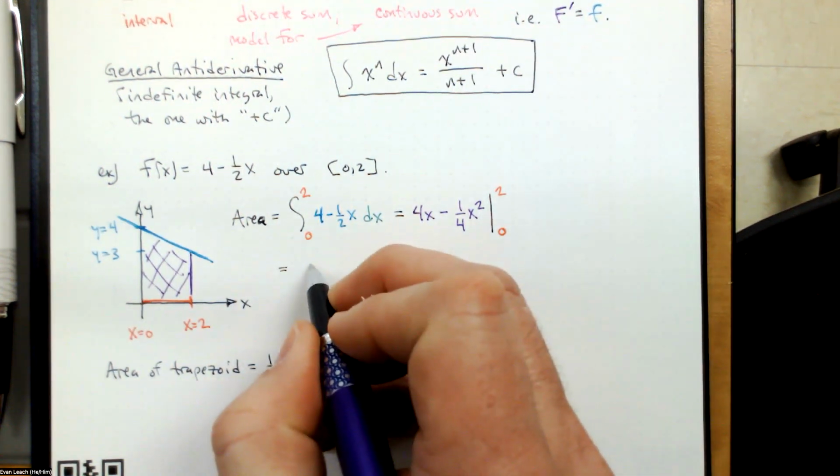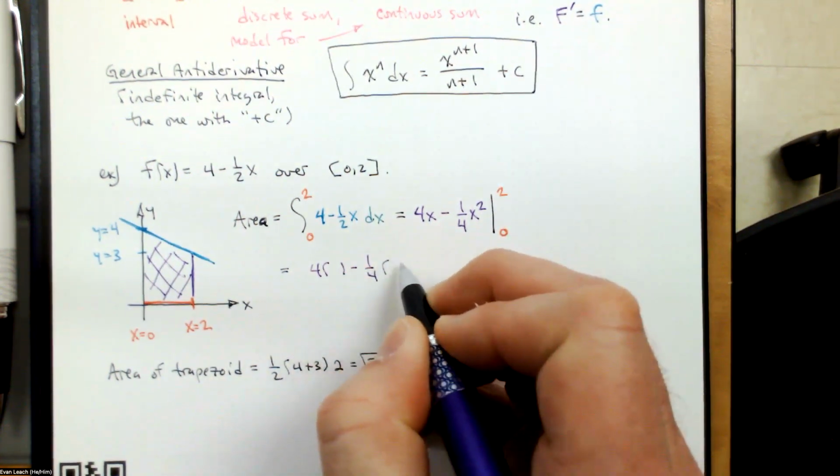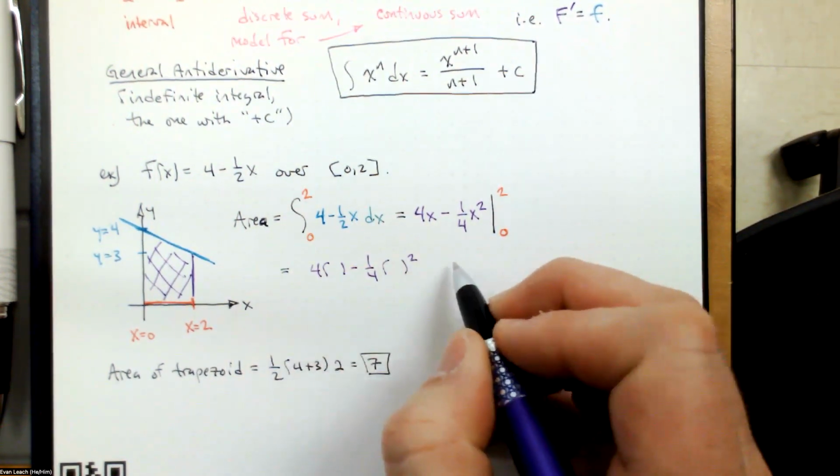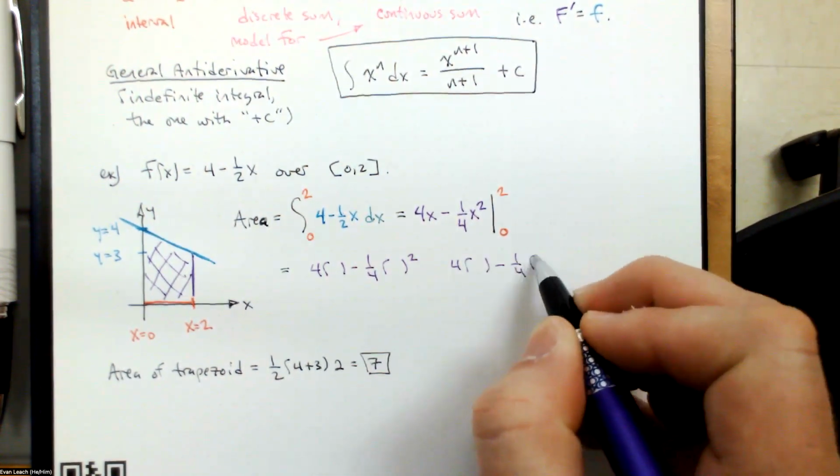So I'm going to have 4 times 2 minus 1/4 times 2 squared. Then I'll have 4 times 0 minus 1/4 times 0 squared.